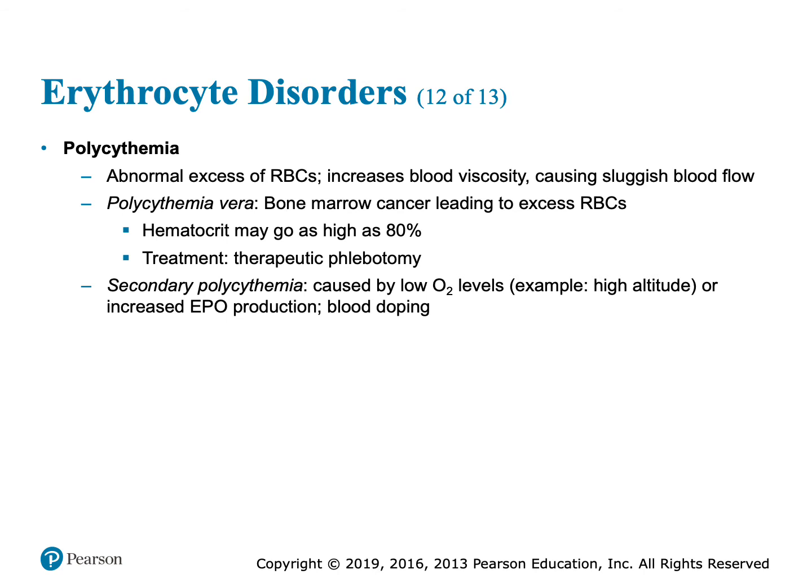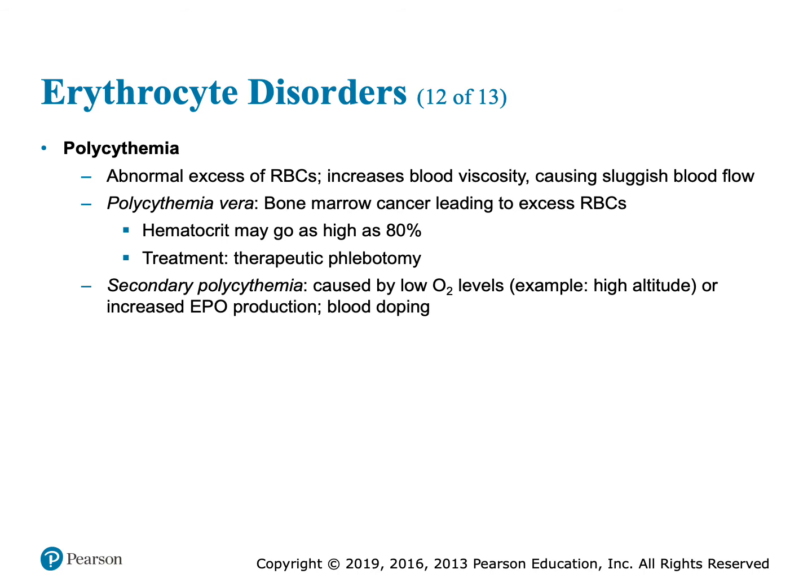Secondary polycythemia would be like excess EPO, or like I was talking about, if you go up into the mountains, your kidneys are going to recognize that your oxygen levels are low, so you're going to put out more EPO to make more blood. Is that going to make your blood thicker? Yes. Polycythemia, excess red blood cells.